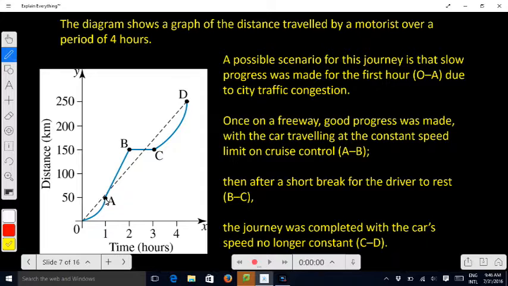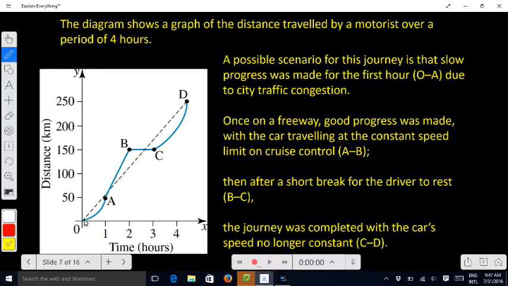After that, from 1 to 2, we steadily increase, so we maintain our speed over that period of time. When we get to B, we don't travel anywhere, so we've probably stopped, having a short rest. After the third hour, again, we slowly increase our speed with time. So that's a possible scenario for the journey.